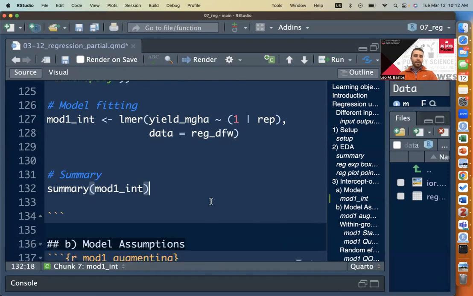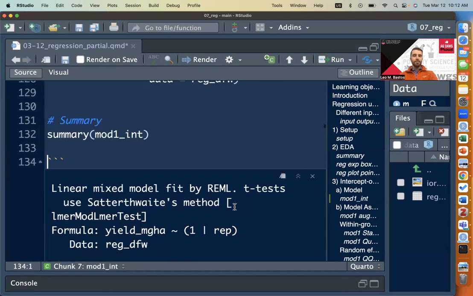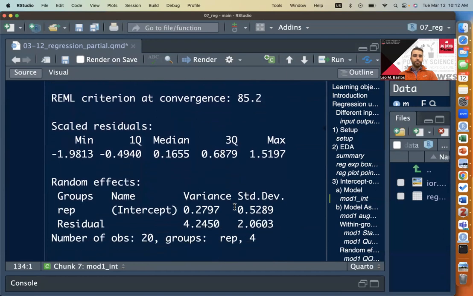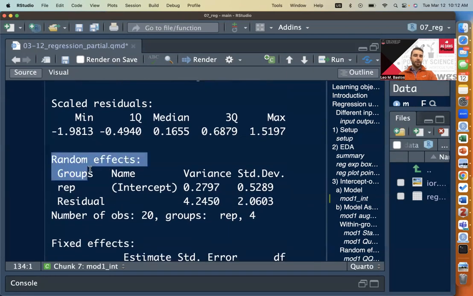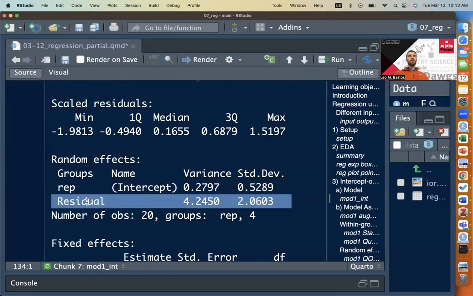So if we run that and we ask for a summary, this is going to be the regular lmer summary we've seen. It's going to have the random effects part of it, which is just giving the rep and the residual. Remember, the rep is the random effect related to the variance component from the rep effect. We have talked about this in different moments. And the residual is the error associated with the residuals of the model, right? So the variance of the residuals.